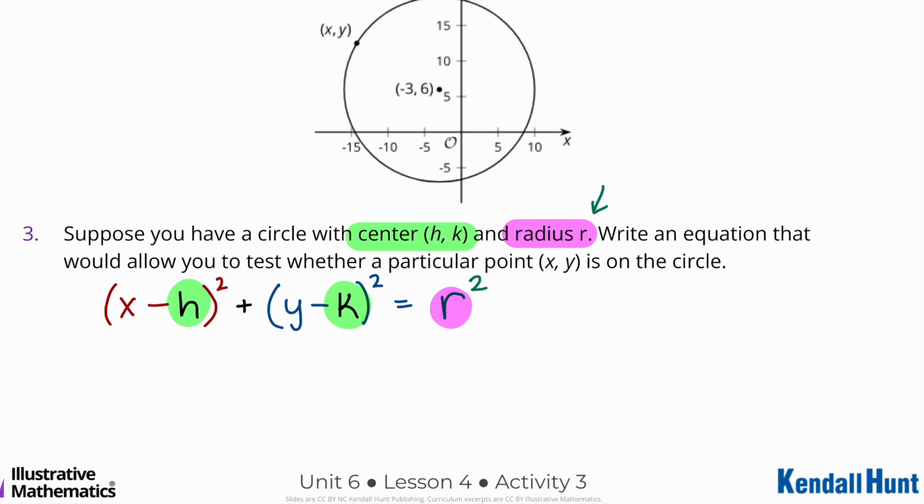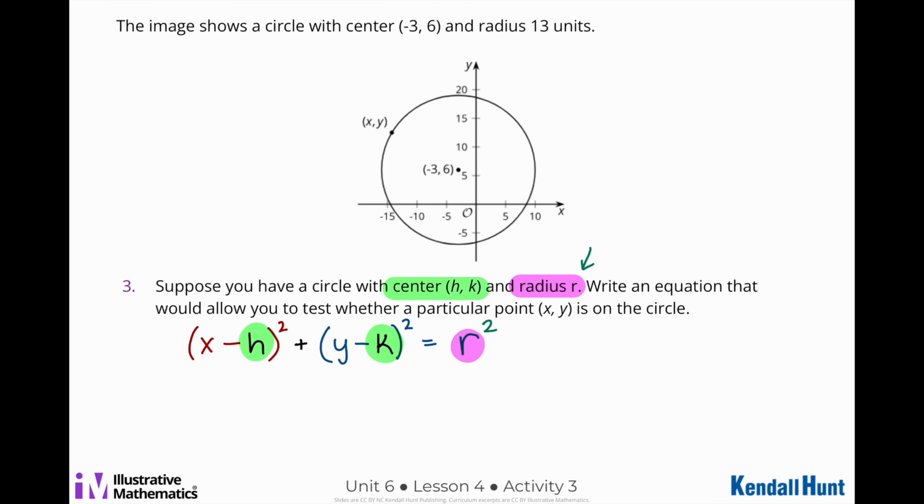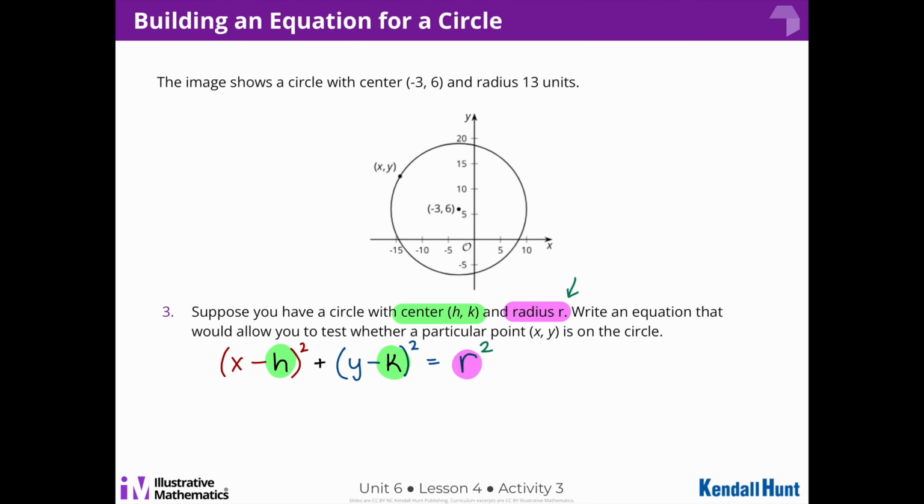And if we can use it to test any point, it also means that's the way to graph the circle. So that is going to be the general way we would build our circle's equation.